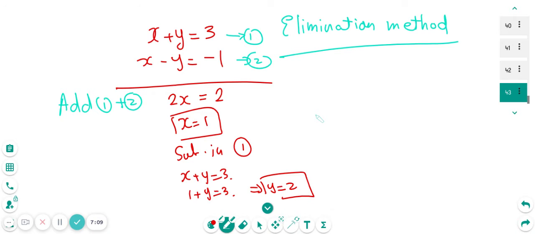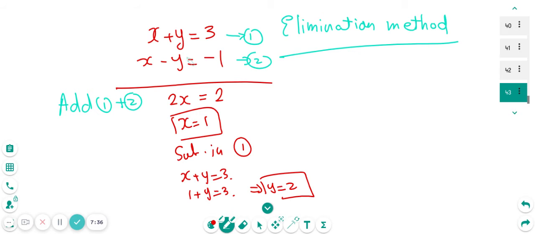Let me quickly recap what we have seen. We have two equations and two variables. We want to find the value of x and y. We found that y has the same value, in the sense that it's 1y and minus 1y. The value is the same, but the sign is different. In that kind of situation, we can simply add the equations.